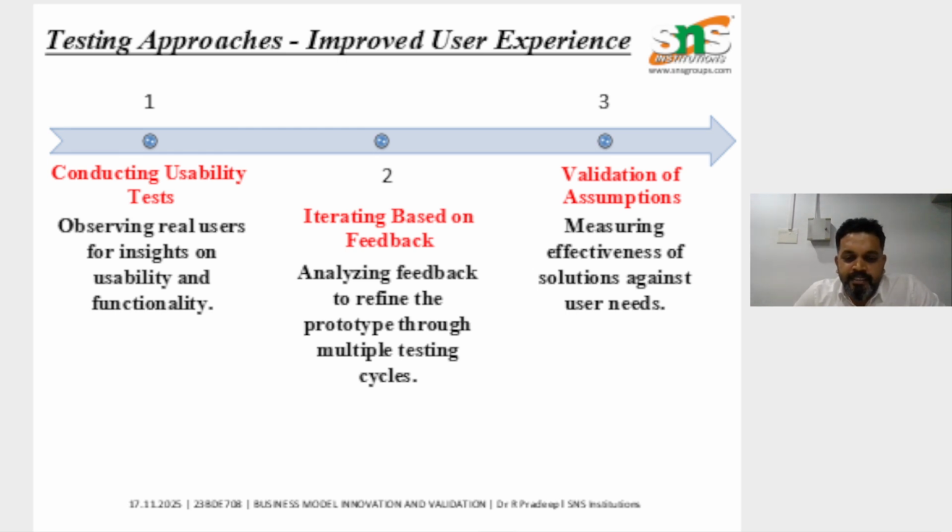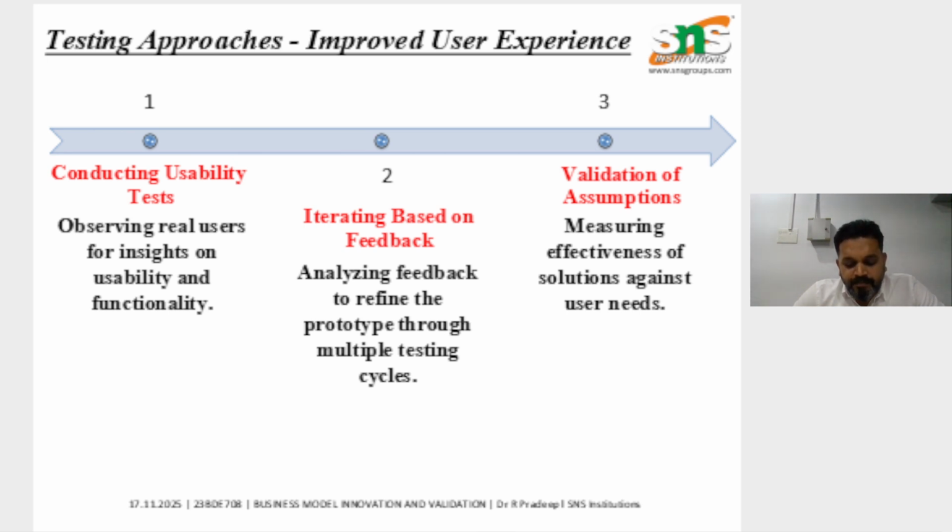There are three different testing approaches to understand and improve the user experience. One is conducting usability tests, then iterating based on feedback, and validating assumptions. This means observing real users for insights on usability and functionality, and analyzing the feedback to refine the prototype through multiple testing cycles, measuring the effectiveness of solutions against user needs.